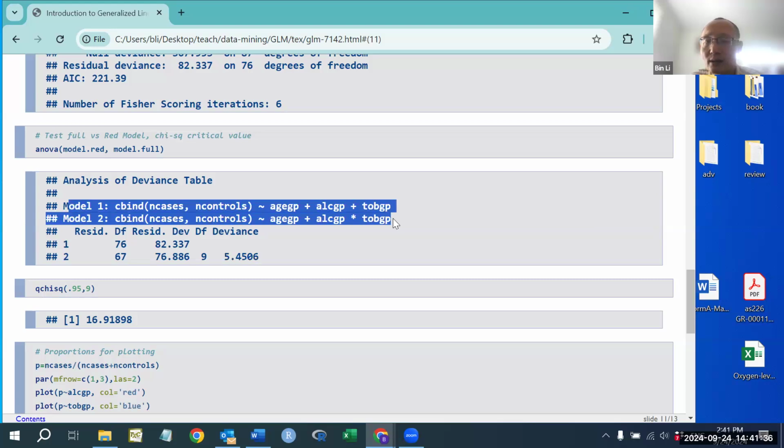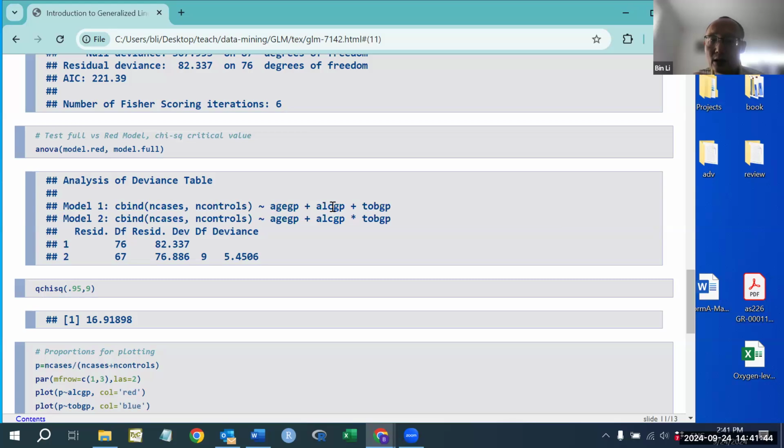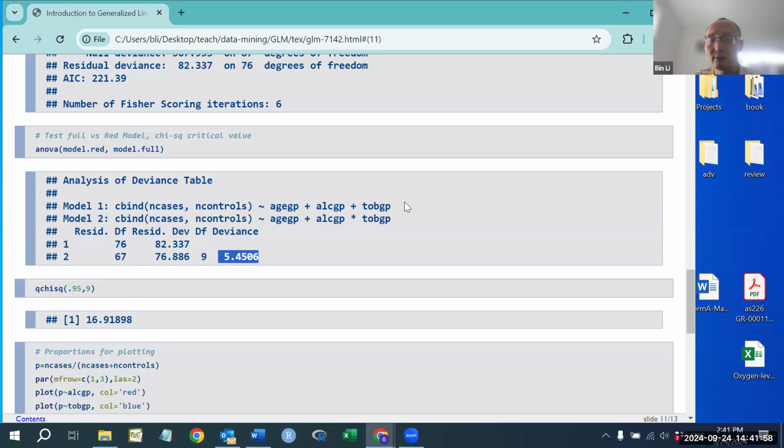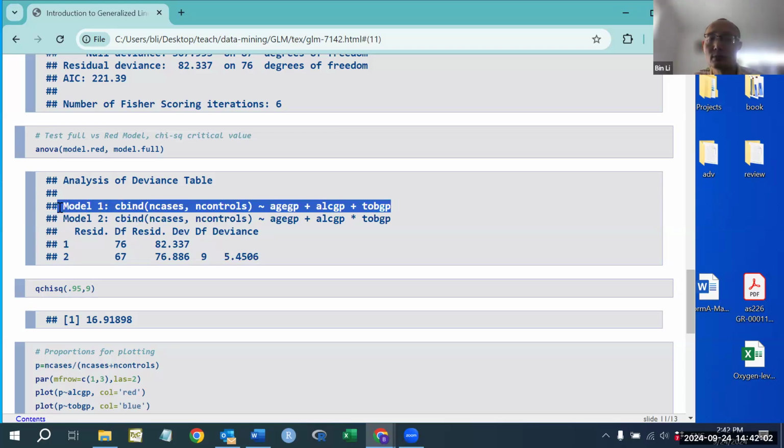So that means what? Is the interaction significant or not? It is not significant, because model 1, which only considers the main effect, is not significantly different from model 2, which considers the interaction between the alcohol and the tobacco. Okay, so that gives us some confidence to use the first model, the main effect model.